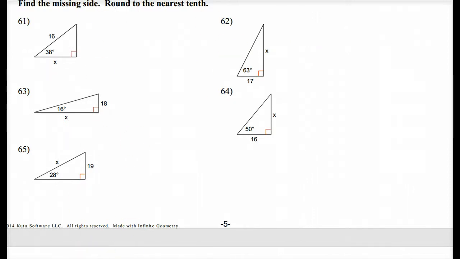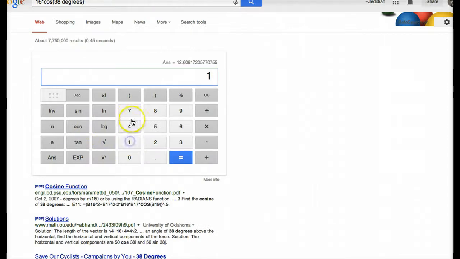So I'm just going to put into my calculation 17 times tangent of 63 degrees. Is there a degree button? I don't see it. Looks like I just got to type it in there.